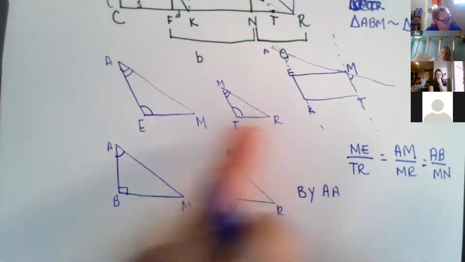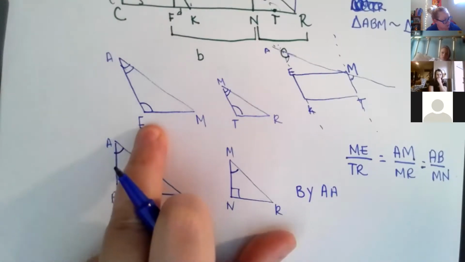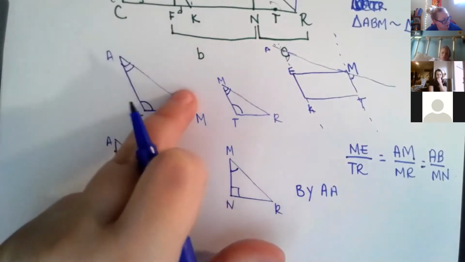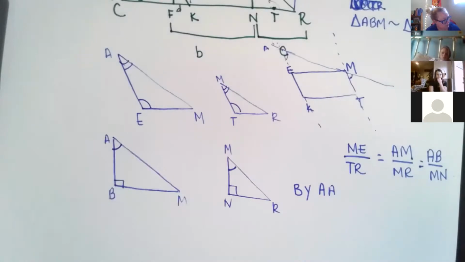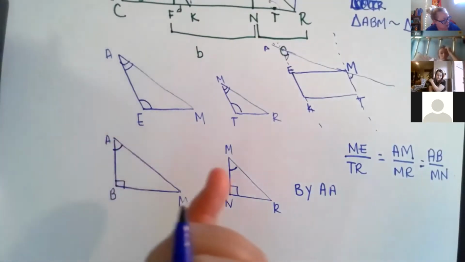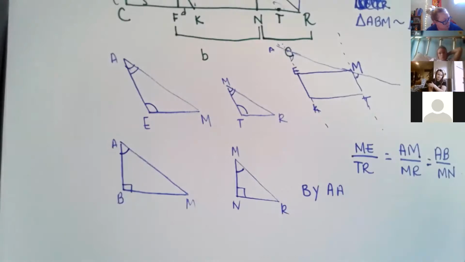So that's true. AM to MR is true. AB to MN. Why? Because isn't that what we just did with the last one?